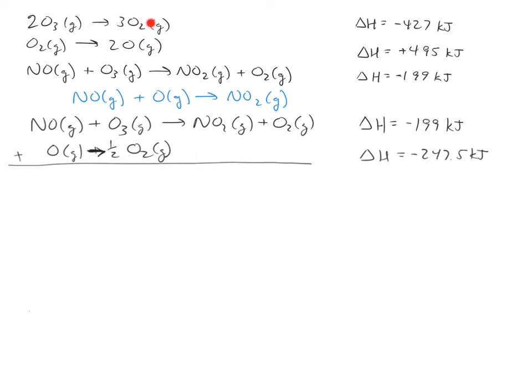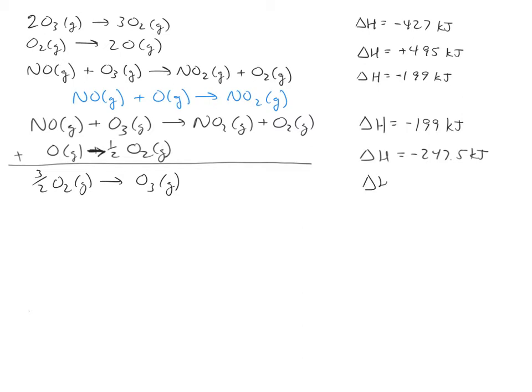Well, here I have a reaction with O3 in it. If right now it's on the reactant side, I need to cancel it, so I got to put it on the product side. So I got to flip this first reaction over and divide by 2 to get rid of the O3. So, doing that, flipping it and dividing by 2, I have 3 halves O2 gas makes O3 gas.